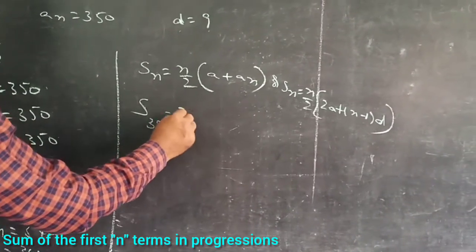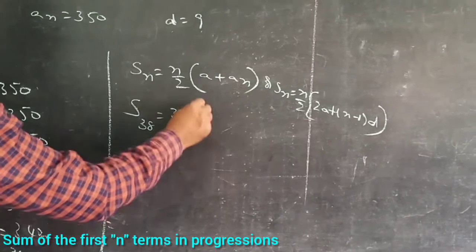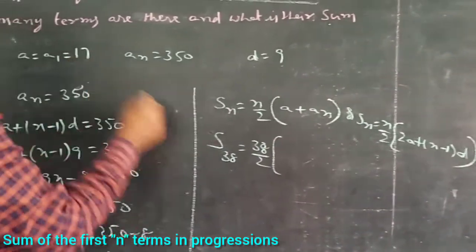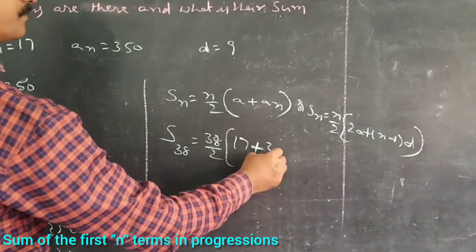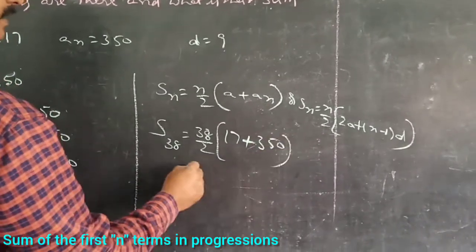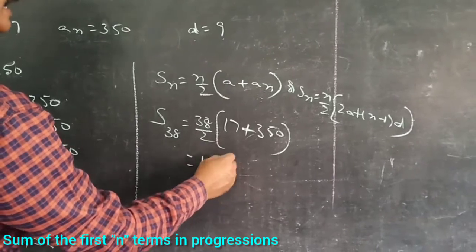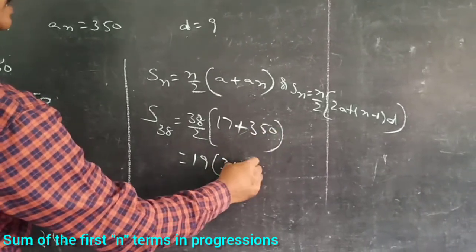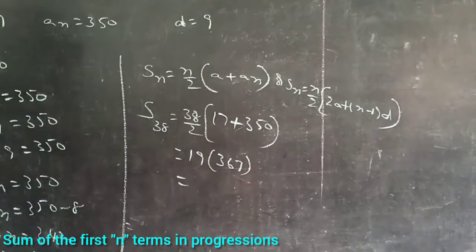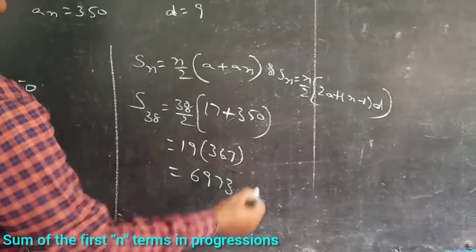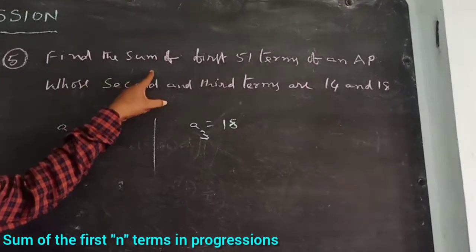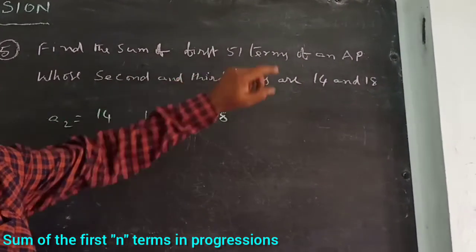S38 is equal to 38 by 2 into (A value 17 plus An value 350). Then 38 by 2 is 19, into 367. So 19 into 367, 6973.